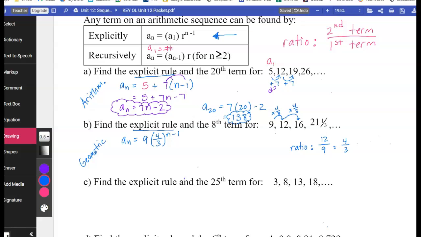Now this is as simplified as this gets. We can't simplify this any further, so we're going to leave it like this.